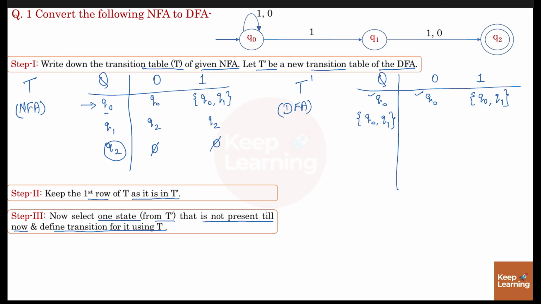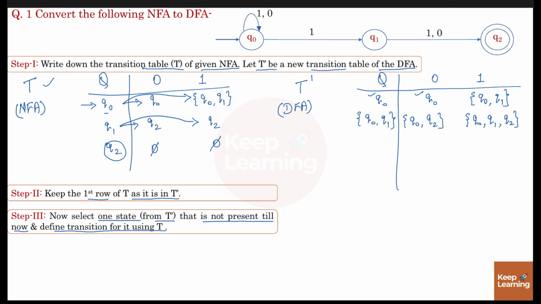Now we have to define the transition of 0 and 1 by using the table T. From Q0, by taking 0 you are reaching Q0, and from Q1 you are reaching Q2. So it will be Q0 and Q2. Similarly, by taking 1 you are reaching Q0, Q1 and Q2. So it will be Q0, Q1 and Q2.